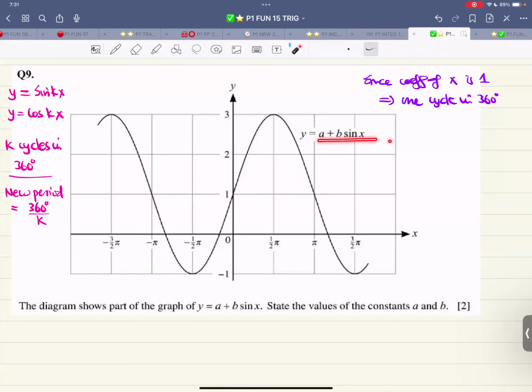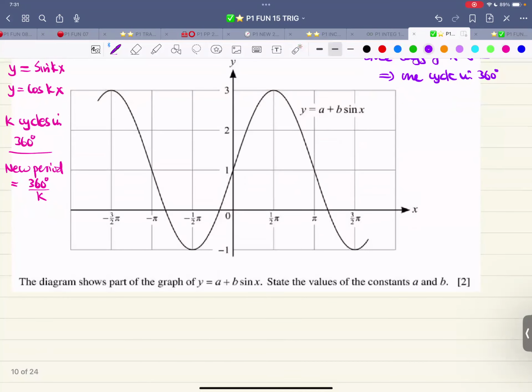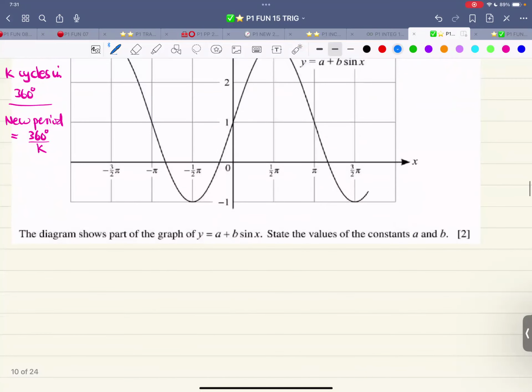So now, what are we interested in? We are interested in a plus b sine x for 2 marks. First of all, remember this rule, very, very important. The amplitude is the coefficient of the trig function, not the coefficient of x, which in this case is b.